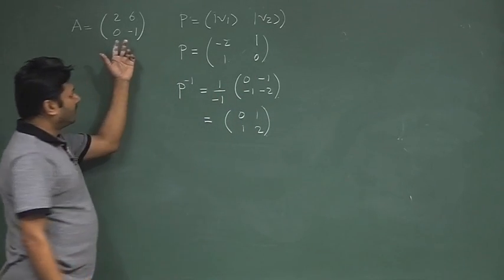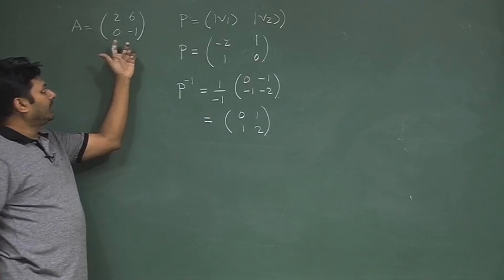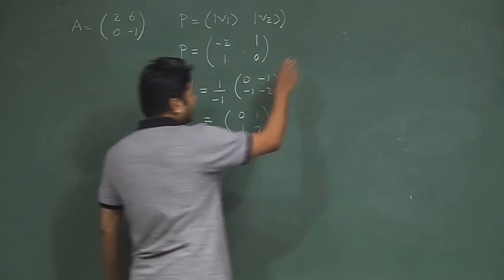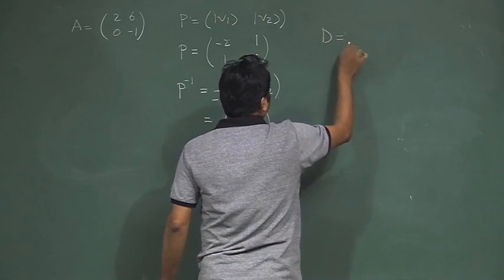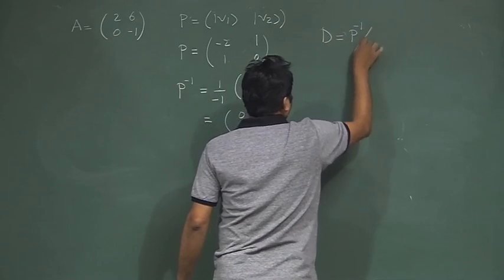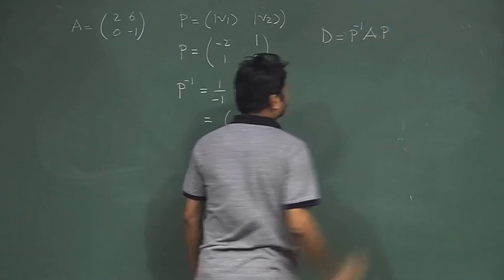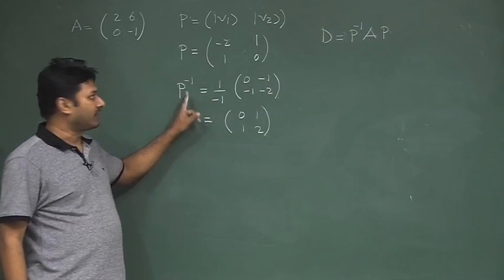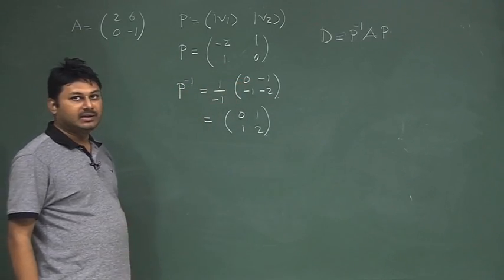Next, I will just plug this in to find out what it is. My recipe is D is equal to a similarity transformation of A. So, I find my P inverse, I find my P, and I will just plug it there and try to find out.